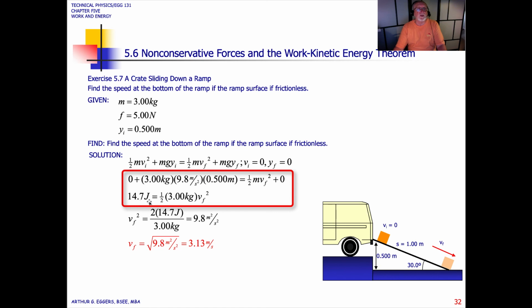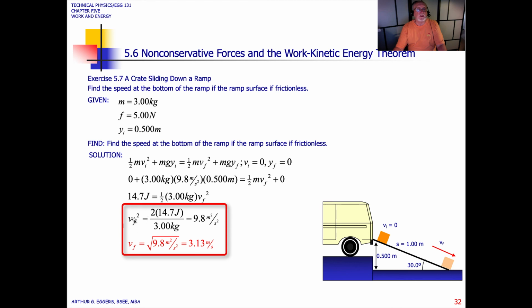We're left with 14.7 joules equal to 1/2 times 3 kilograms times velocity final squared. Moving the velocity final squared to the other side by itself and taking the square root of 9.8 meters squared per second squared, we now get 3.13 meters per second as our velocity. So you can see if we take the friction away, it certainly increases the velocity.